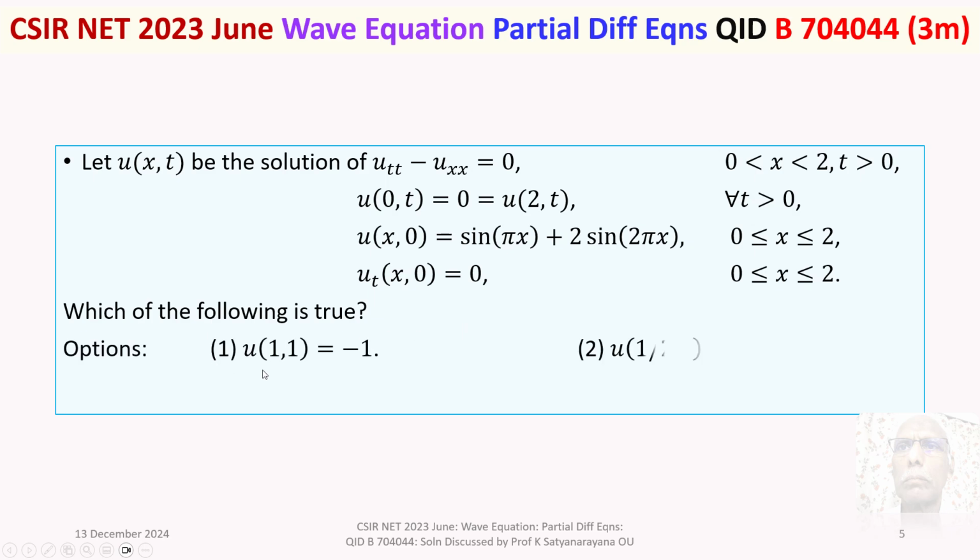We are given 4 options. Option 1, u at 1 comma 1 is minus 1. Option 2, u at 1 by 2 comma 1 is 0. Option 3, u at 1 by 2 comma 2 is 1. Option 4, the partial derivative of u with respect to t at 1 by 2 comma 1 by 2 is equal to 5.